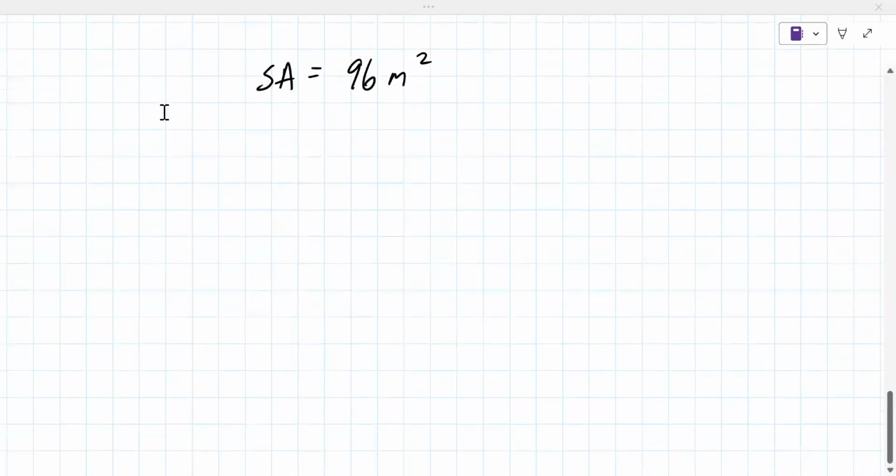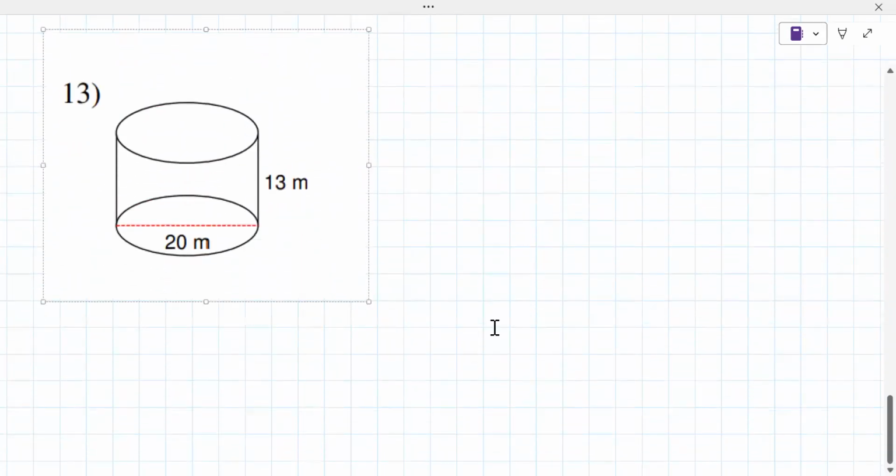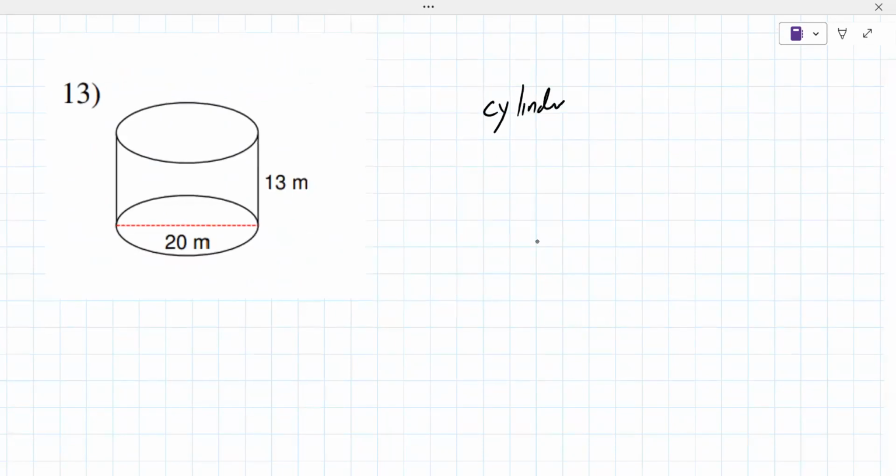So let's have you do a cylinder here. So the surface area of a cylinder is 2 pi r squared plus 2 pi r h. And so what you should be asking yourself here is, do you know the radius and do you know the height?